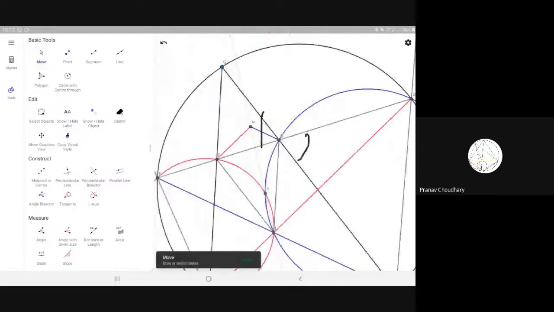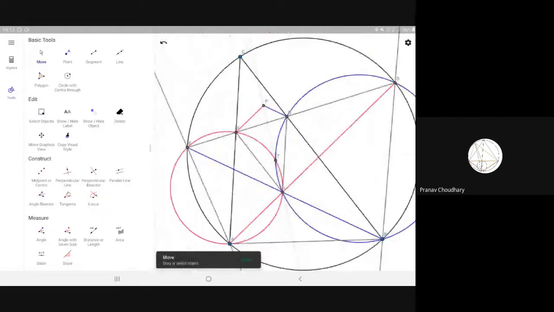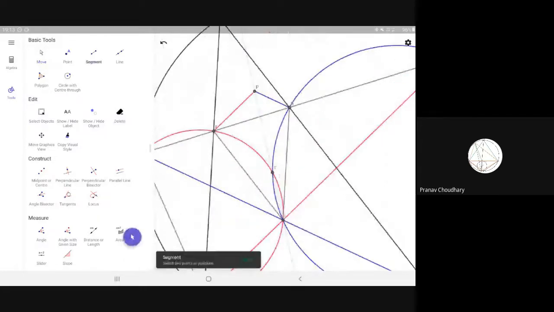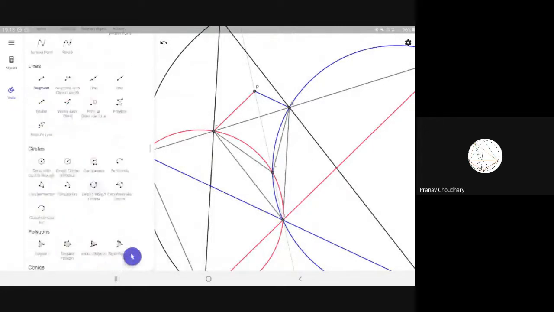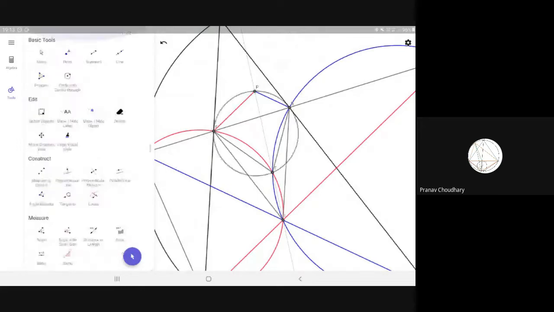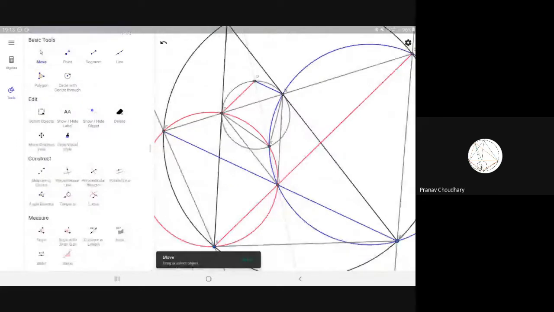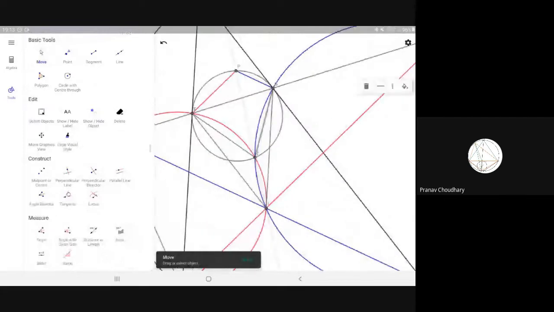Okay, so now that we introduced the point T, we need to prove that, first, another claim is that the point T is nice for a lot of reasons. Someone pointed out that PFTG is cyclic, right? That is one claim that you can either guess or find by looking around the configuration.